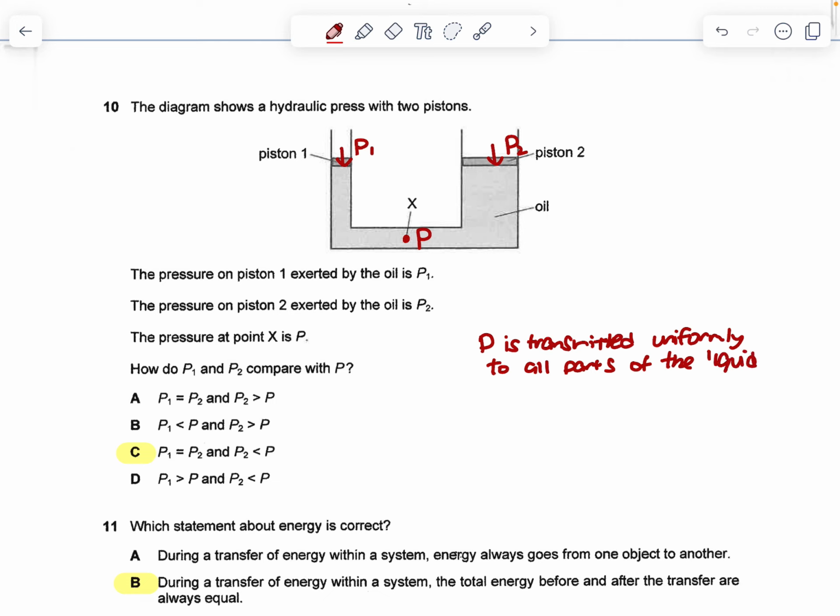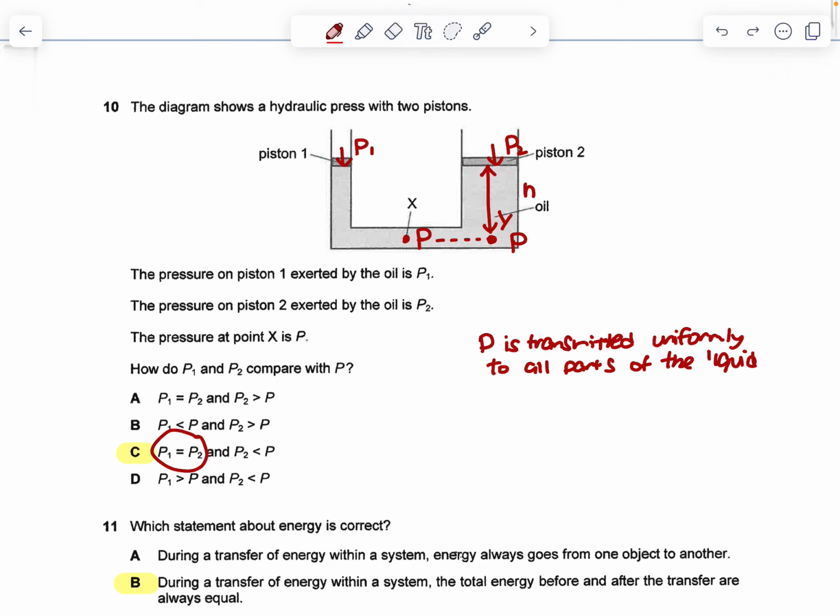Okay, so which means P1 is equal to P2. And for point X, we can actually extend out the line to here. Even at point Y, it will be the same pressure P. So at point X or Y, there is this column of liquid H and the transmitted pressure plus the atmospheric pressure.